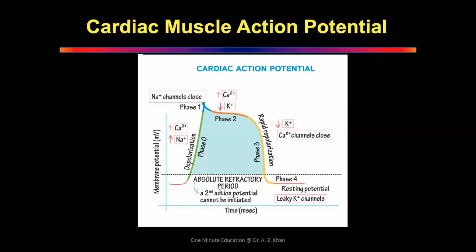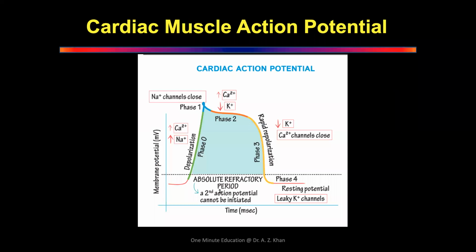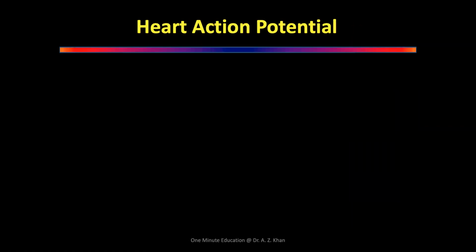And I've told you that the SA node does not have a resting membrane potential. So now draw me the propagation of a cardiac impulse, which means starting with the SA node, show me what happens after SA node.